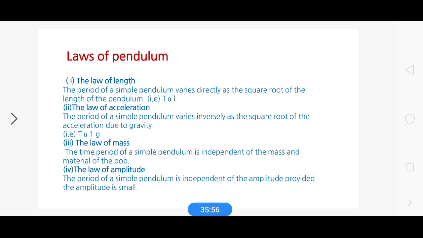And finally, the law of amplitude. What is meant by amplitude? The maximum displacement is the amplitude.